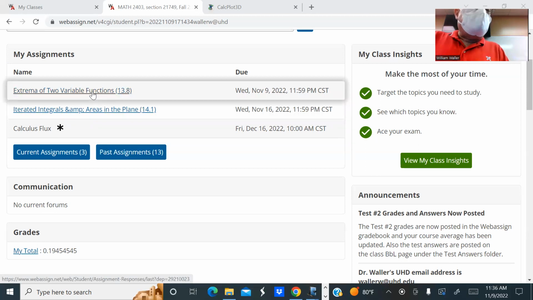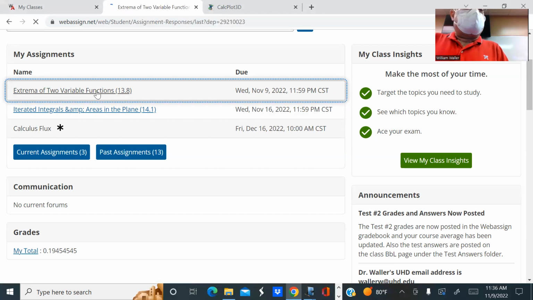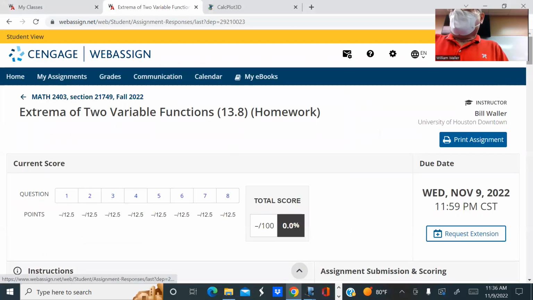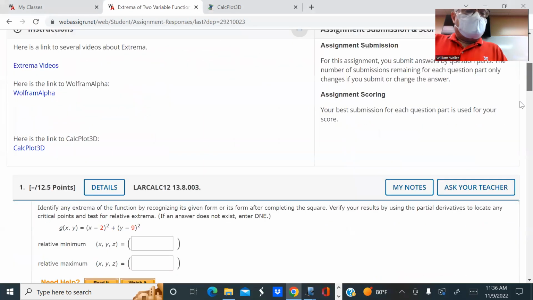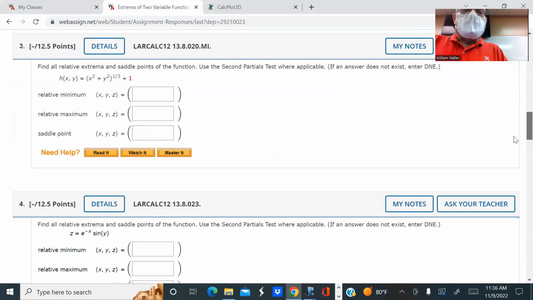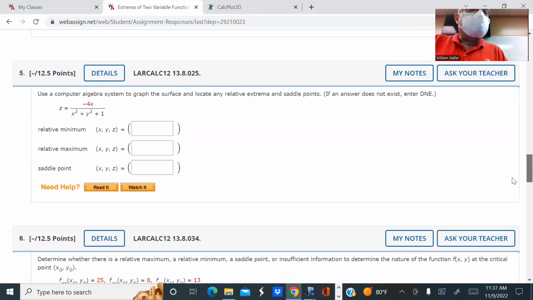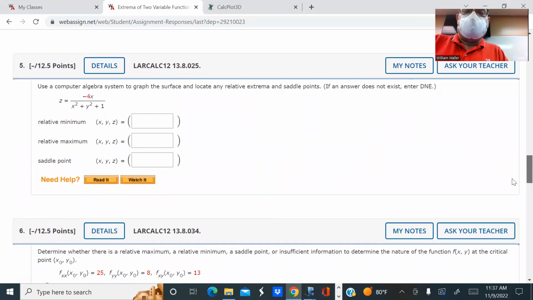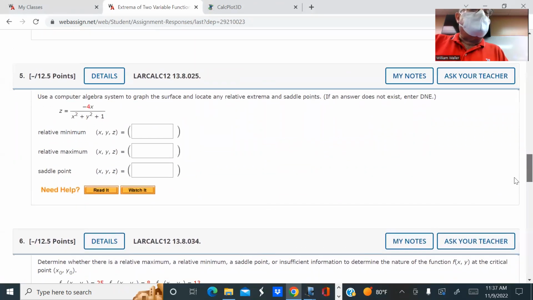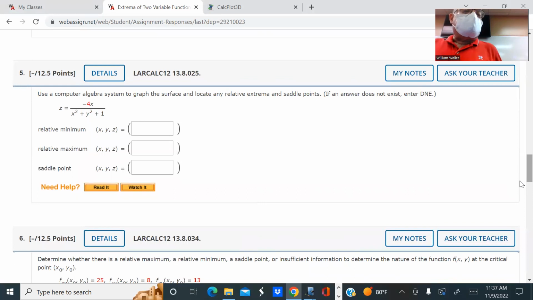I wanted to look at just one problem, but there may be other problems from Extrema that you're interested in here, because there's one that says use a computer algebra system, and yeah, it's this one. Okay, so a computer algebra system means something like Wolfram Alpha.